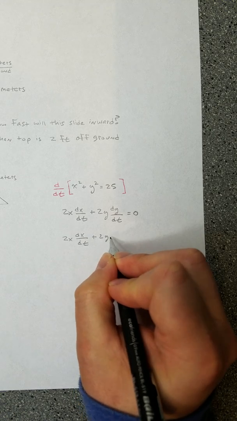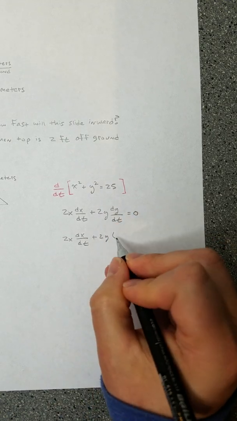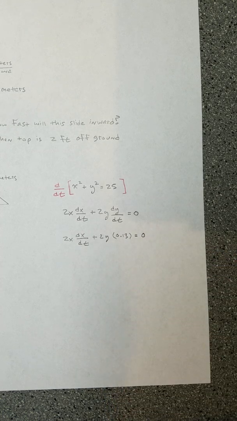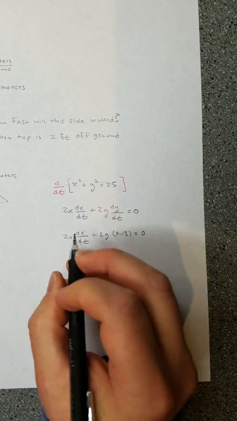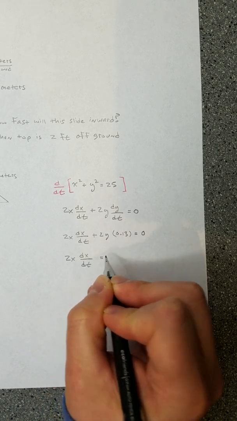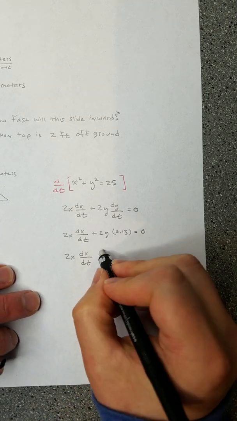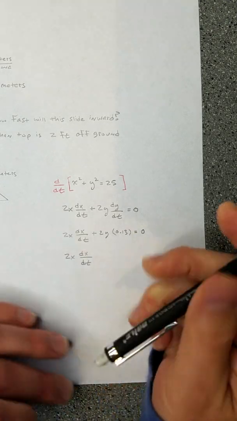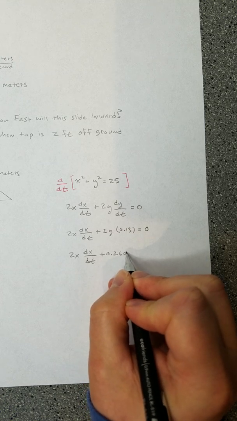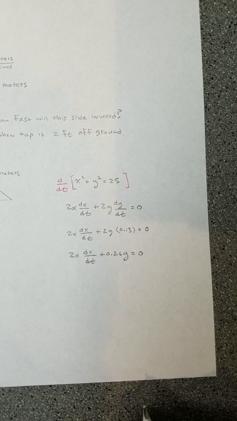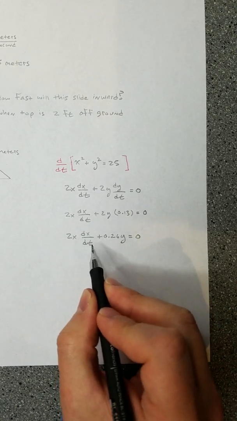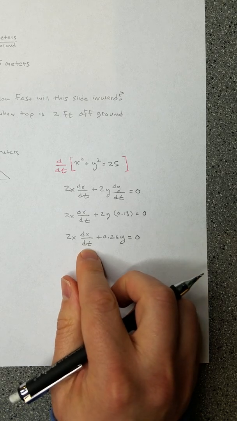Plus 2y times, what was dy dt? 0.13, like so. We'll do a little updating here, 2x dx dt, and this will be 0.26y. 0.26y equals 0.